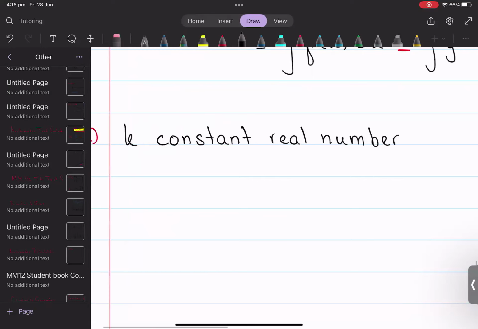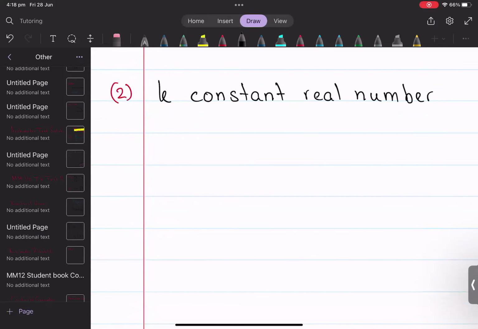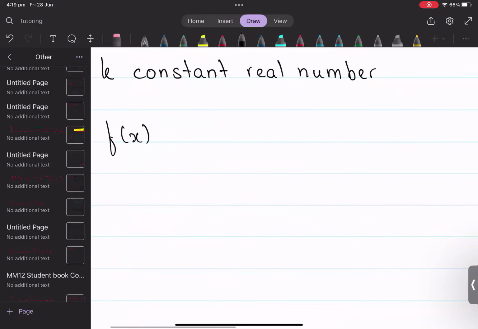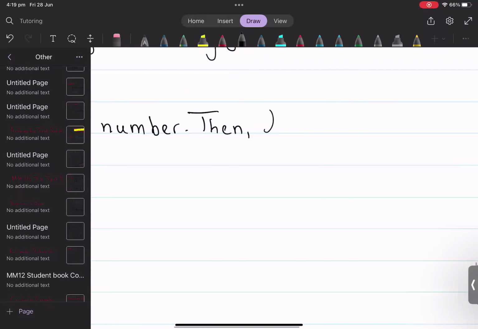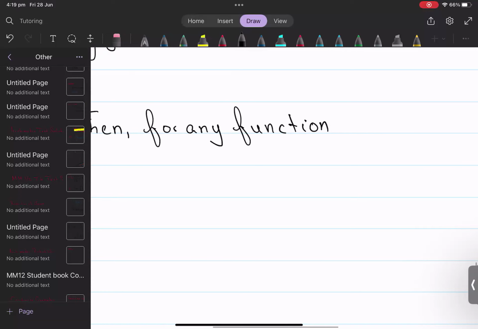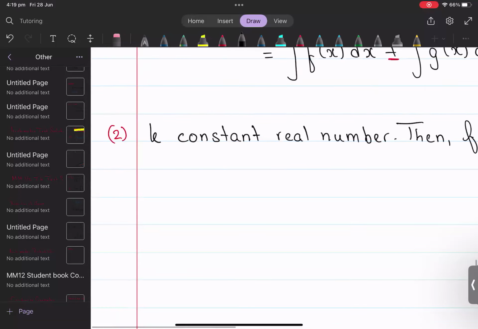Then if we have any function f of x, the following property holds.